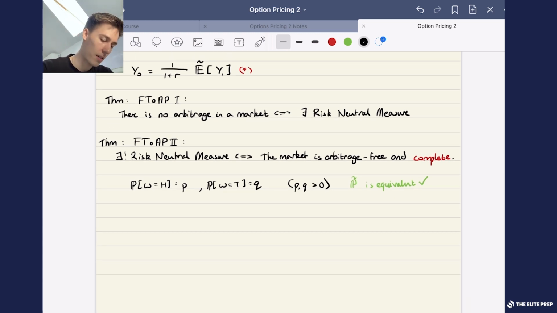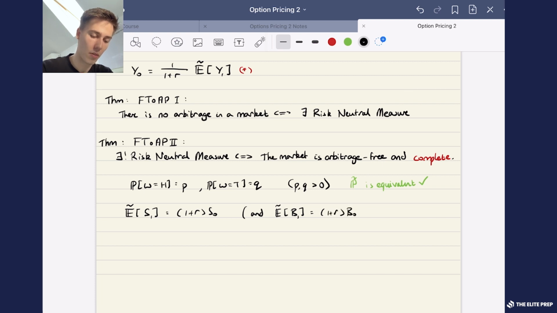The next step is that we want the expected value under E tilde of S1 to be equal to 1 plus r times S0 for the stock, and also E tilde of B1 to be equal to 1 plus r times B0 for the investment in the bank account.